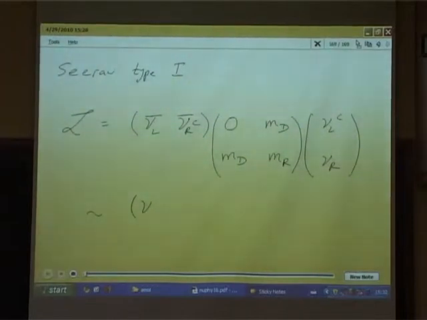I suppress all the Dirac indices, so I get nu_L. This nu_L will now not be a single neutrino but three neutrinos, so there will be three of them: nu_e, nu_mu, nu_tau. And then nu_R^c, depending on how many nu_R's I have, I'd write nu_R1, nu_R2, and so on.